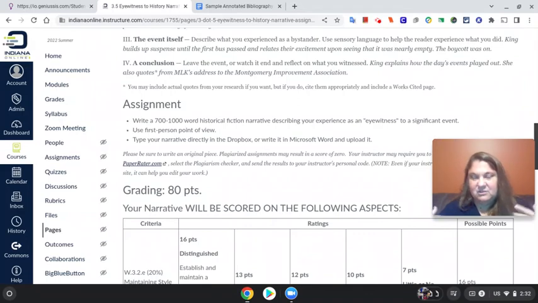So again, you're going to use the event that you focused on in the annotated bibliography. In my case, I would be going back to Woodstock, and for my main character, I can pretend I'm me and write from the I. I could pretend I'm someone else and still write from the I. I think this assignment's easy. If your narrator uses the first person, okay?